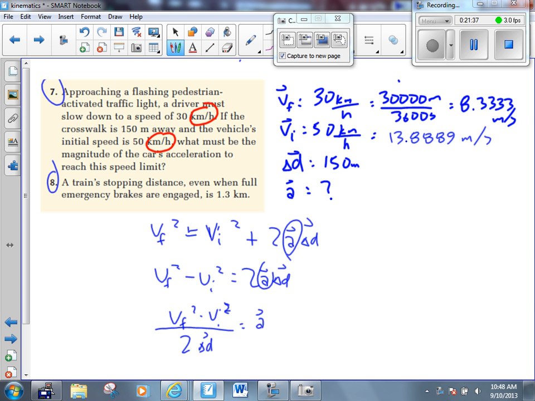Okay, now it's not so tough. Just remember a couple of things. One, when you plug in your numbers for vf and vi, make sure you square them. Make sure you go 8.33 squared minus 13.8889 squared. Secondly, make sure that when you calculate that top number, 8.33 squared minus 13.8 squared, you press equals on your calculator and get a number on the top.